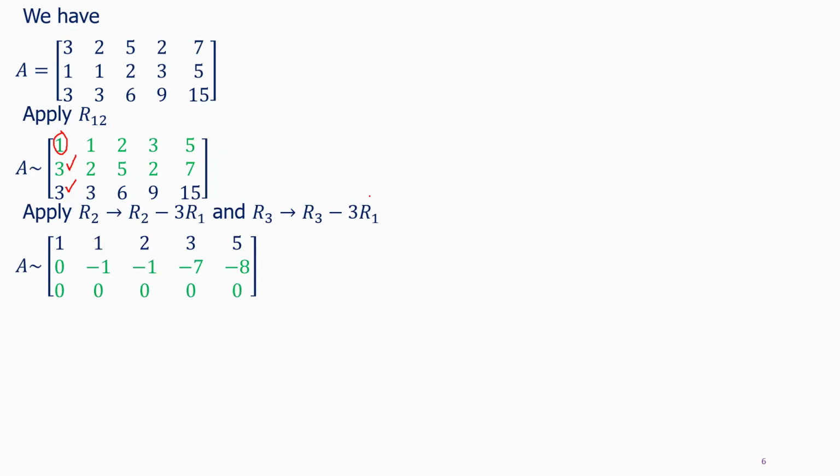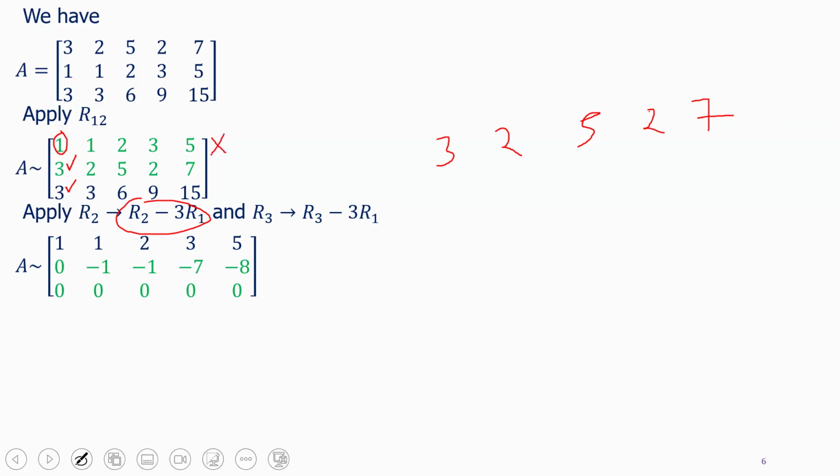We will first apply R2 minus 3R1. What is R2? R2 is 3, 2, 5, 2, 7. And we have R1, which should be multiplied by 3. So this will be 3, 3, 6, 9, and 15.